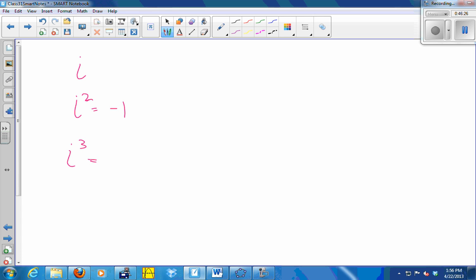i cubed. I'm going to use some rules of exponents to help me figure this out. i cubed I could rewrite as i squared times i, because i squared times i to the first, you have like bases, so you add the exponents. So I just broke it down to i squared times i, and i squared is negative 1. Negative 1 times i is negative i.